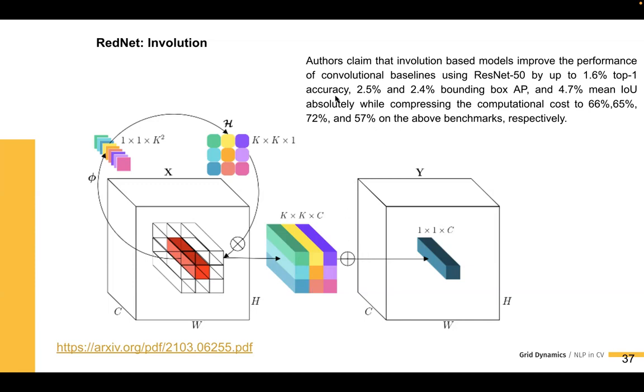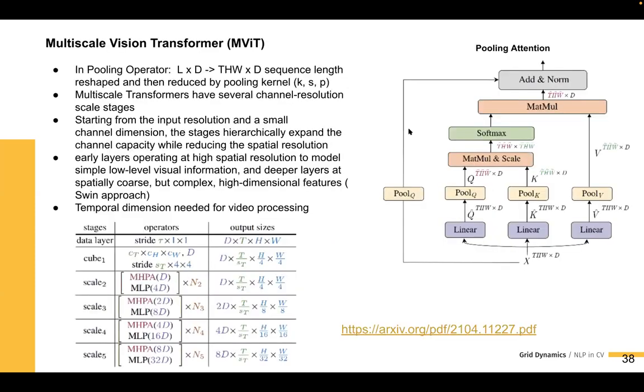So this is not convolution, this is involution, because we go from one pixel to all other pixels and then contract again to one dimension for that pixel. So the authors claim they improve the performance of ResNet 50 by some percent, you can see here, but it is just interesting stuff about this.